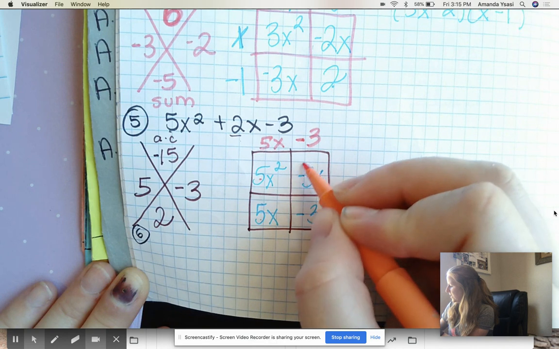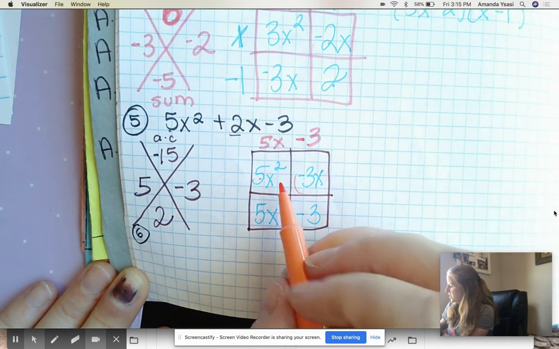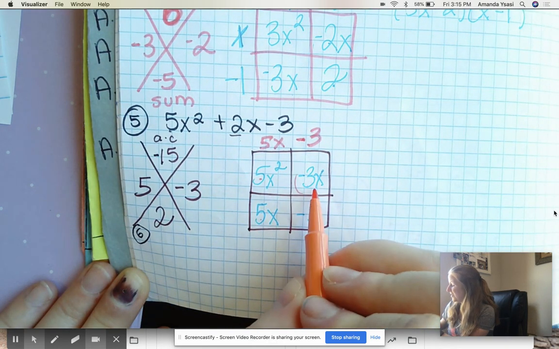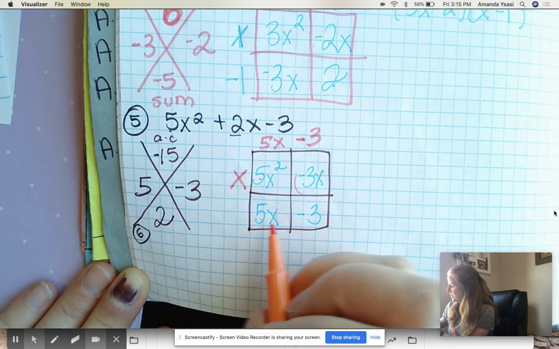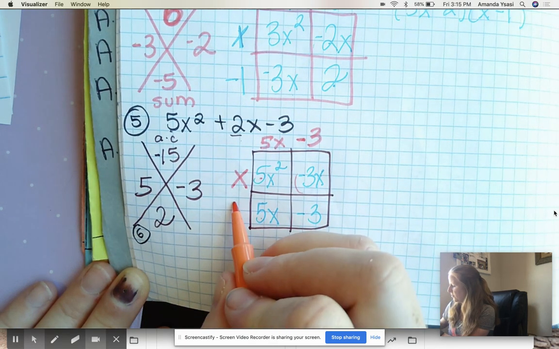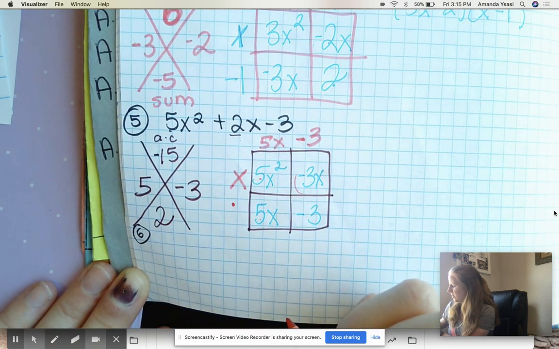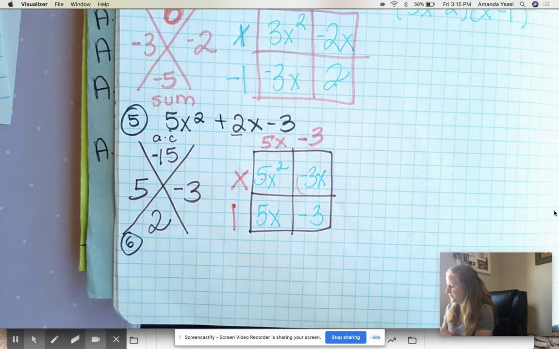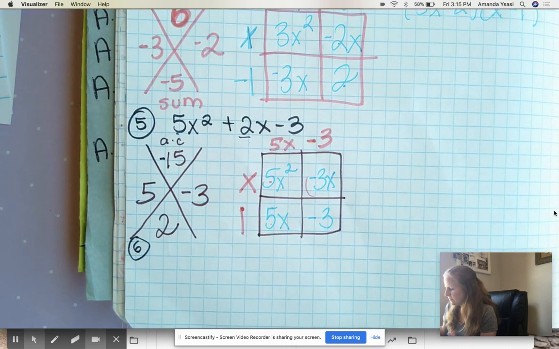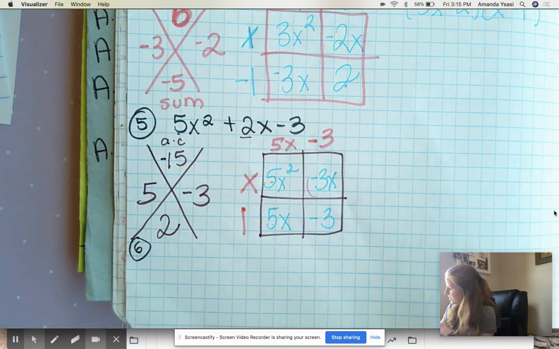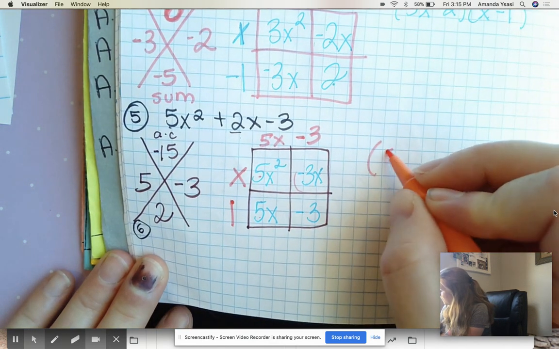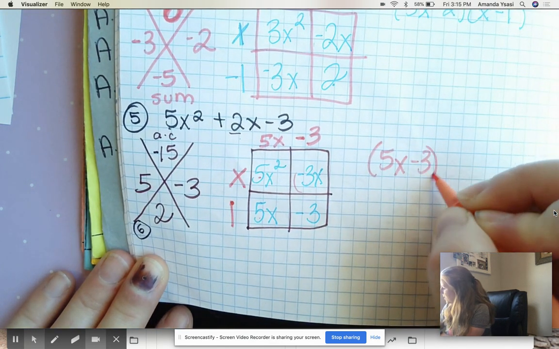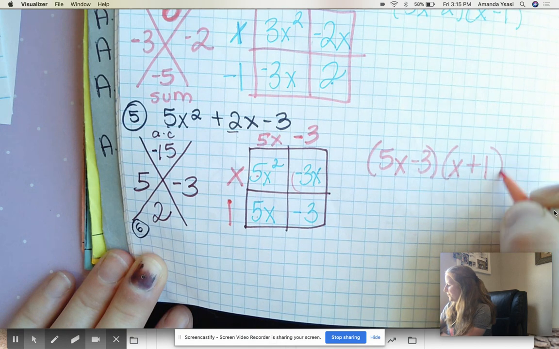Since that's your leading one, we got to do negative. And then these have nothing in common except for x. And these have nothing in common except for 1, right? So let's see, this would be 5x minus 3 and x plus 1.